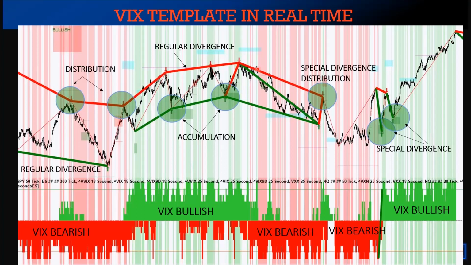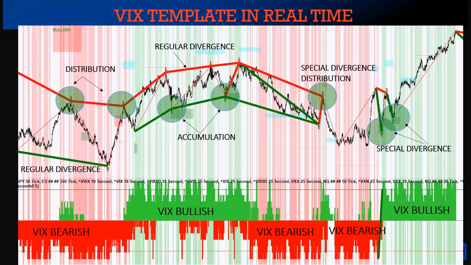There are these signals, for example, this short signal over here, that's something we don't want to take because the VIX is going against us, along with this short signal right here. Like I said, I want to ignore regular divergences for any reason, including this regular divergence right here.